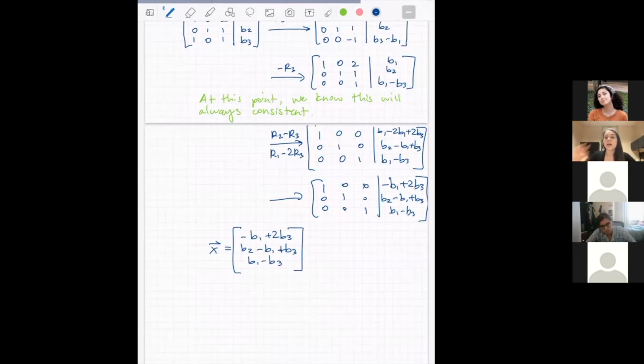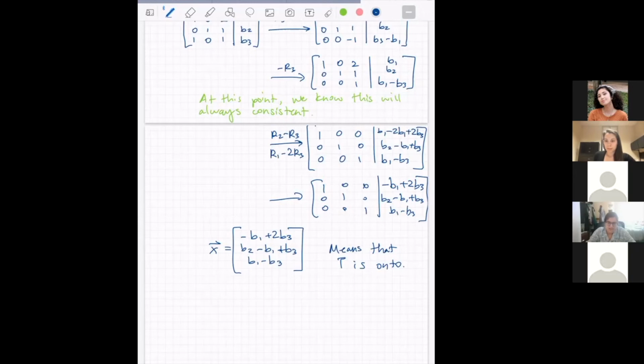So since no matter what B is, we always get a solution and we just would have to plug in those values, this means that T, that transformation that we started with, is onto. And we've just demonstrated that really using the definition, right?